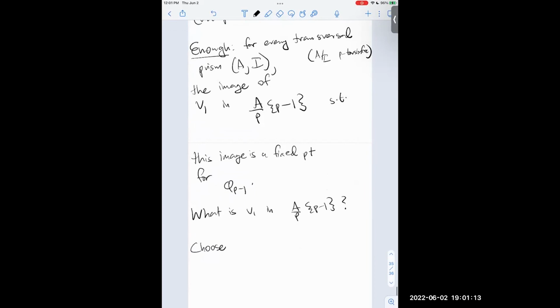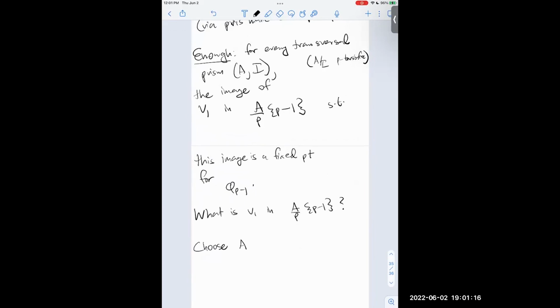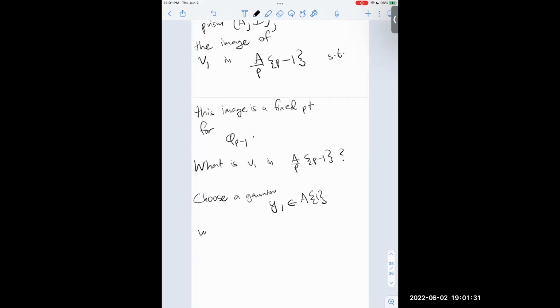The module A twisted by 1 is an invertible module over A, and I can choose a generator, at least Zariski locally, which I'll call y1. At least it's going to exist locally. Then the point is that we'll define V1 in terms of y1, and then check that it's independent of the choice of y1. That means it is actually defined globally.